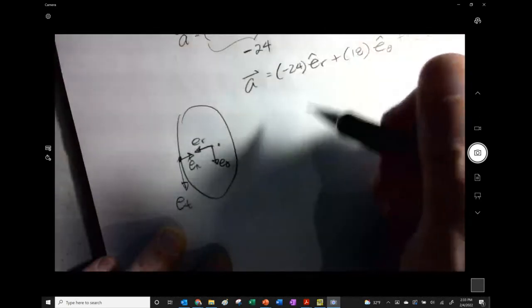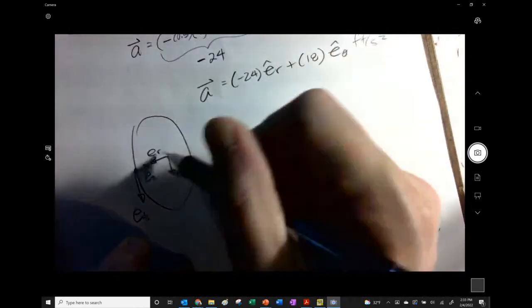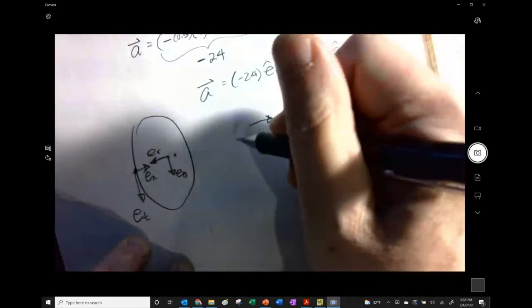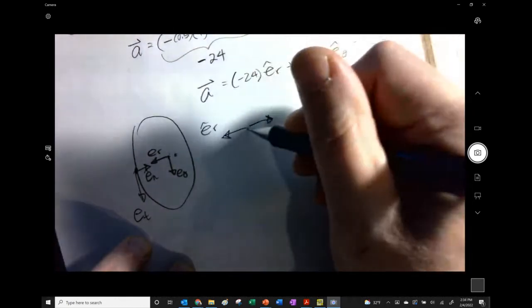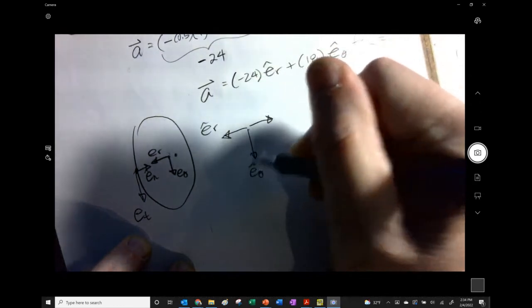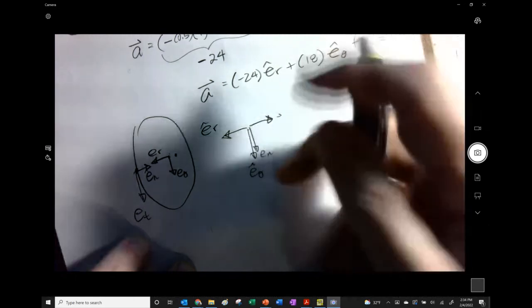So if we were going to be a little nutsy and say I want to do a coordinate transformation between these two, I would take my e_r and my e_theta, and then my e_n and e_t, excuse me.